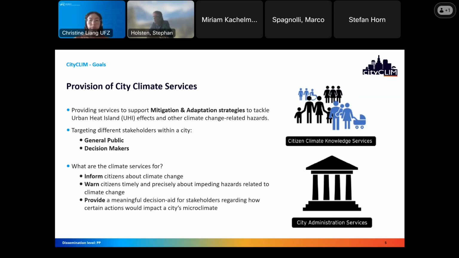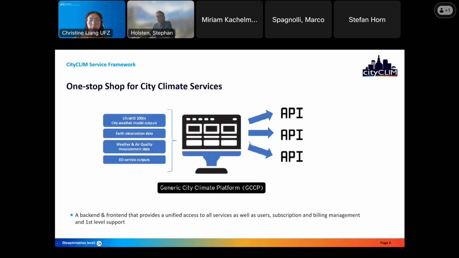So we will inform citizens about climate change, we will warn citizens, and we will provide meaningful decision aid for stakeholders regarding actions that have an impact on the microclimate.